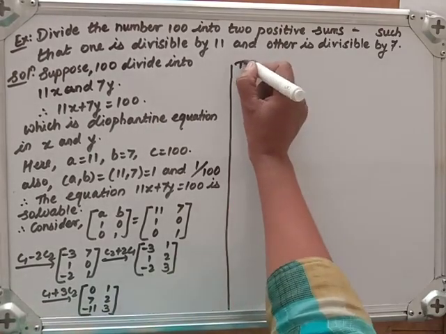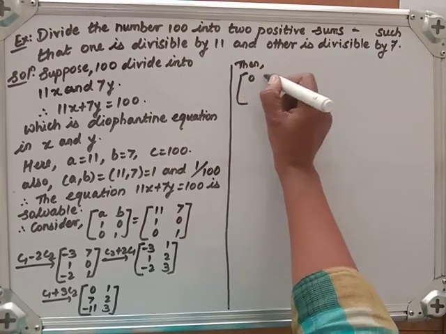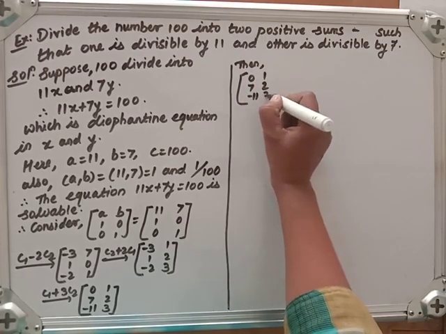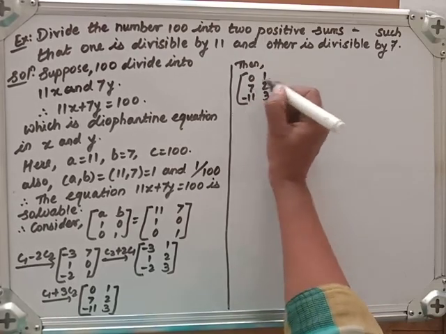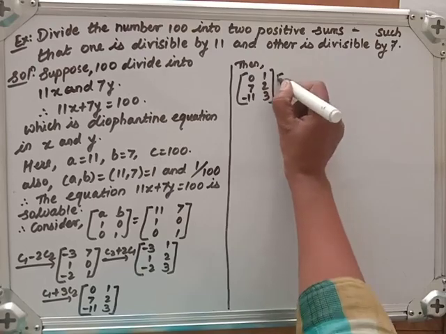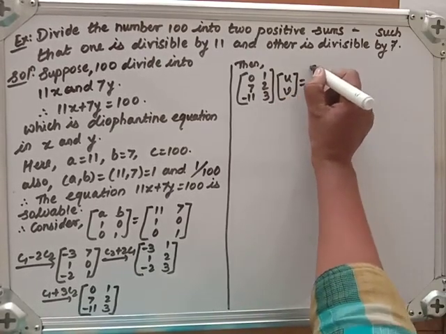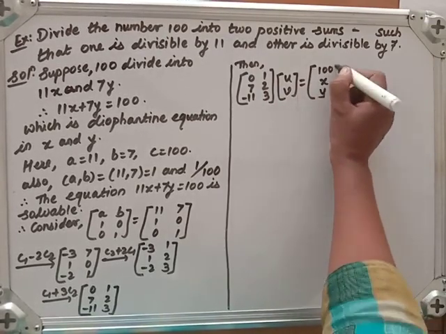Then 0, 1, 7, 2, minus 11, 3. Minus 11 and 3 into UV is equal to 100, x and y.